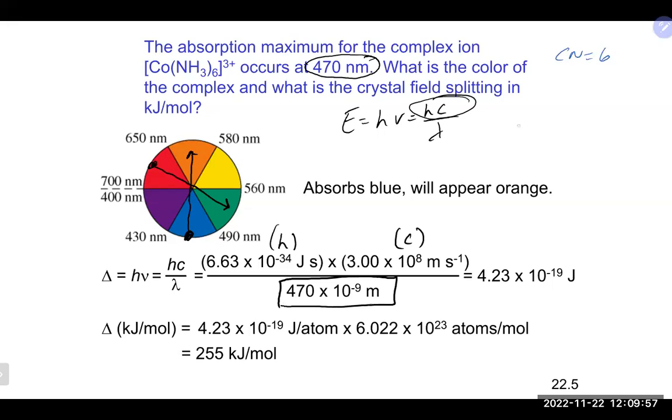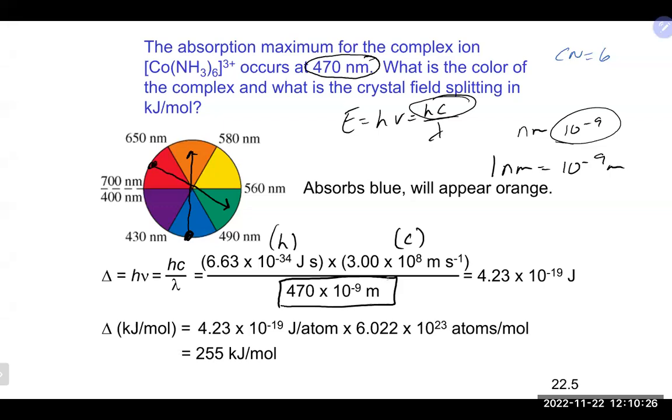We cannot leave it in nanometers, otherwise we will be off by a factor. That is where the 10 to the minus 9 comes from. In this particular case, that is a conversion between meters and nanometers. There are 10 to the minus 9 meters in 1 nanometer, is what that means.